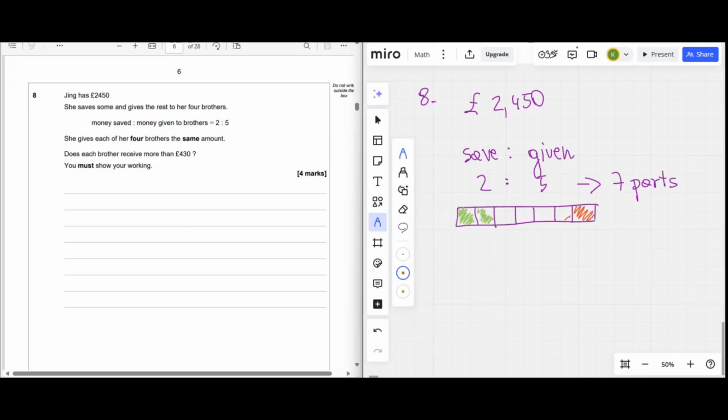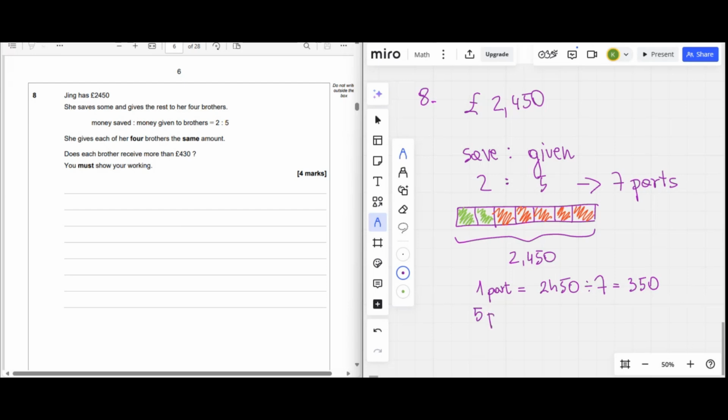This is given. Those parts are equal, and the total of it is 2,750. So how much is 1 part? Divide it by 7. Yes. Which is 350. And this is that 1 part.